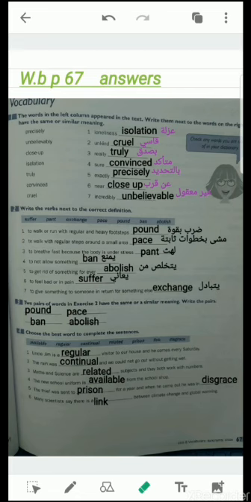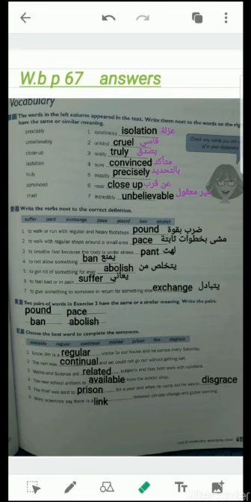Now, let's match them with their synonyms. Number 1, loneliness, عزلة أو وحدة. Isolation. So we have isolation and loneliness. Both words mean isolation. 2, unkind and cruel mean قاسي.